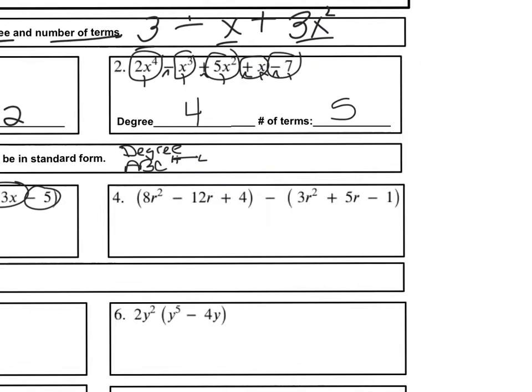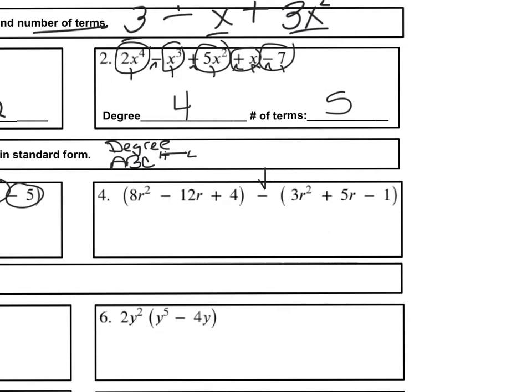And number 4, this one has a minus sign, so you're going to subtract each term. So 8r squared minus 3r squared is 5r squared. Negative 12r minus 5r is negative 17r.